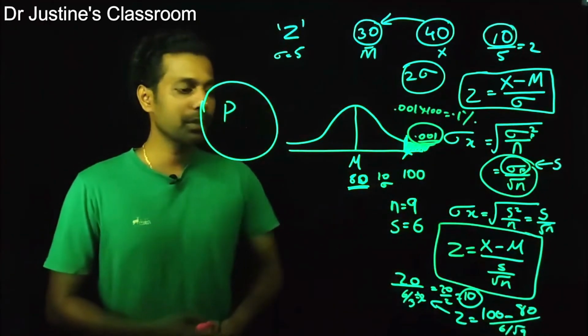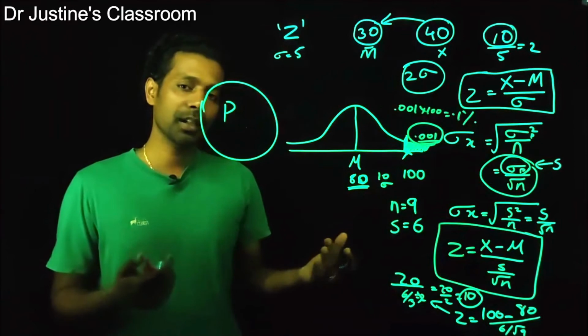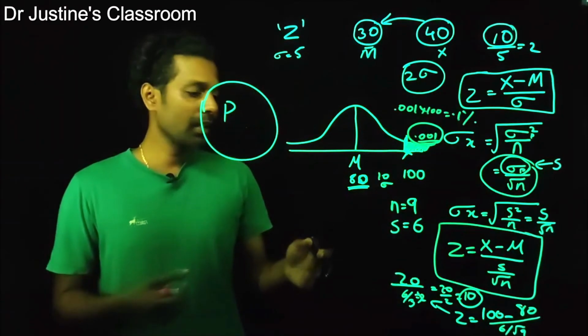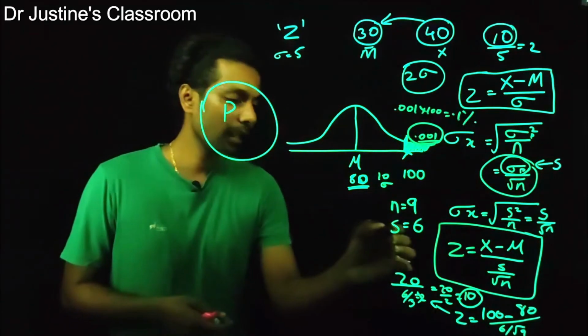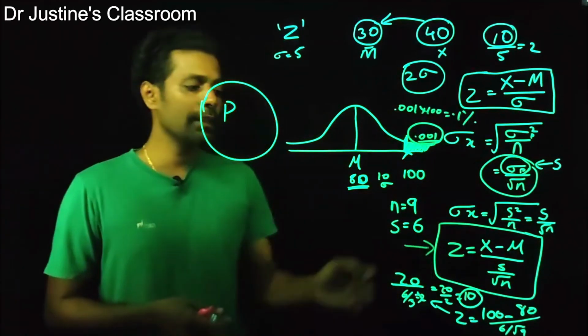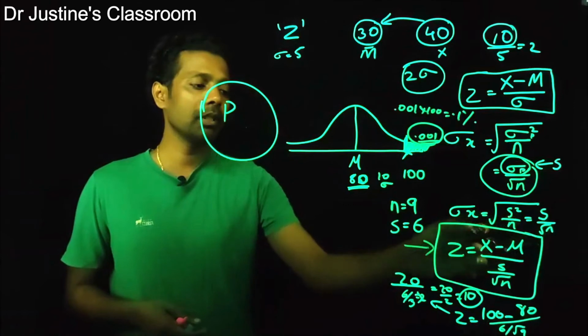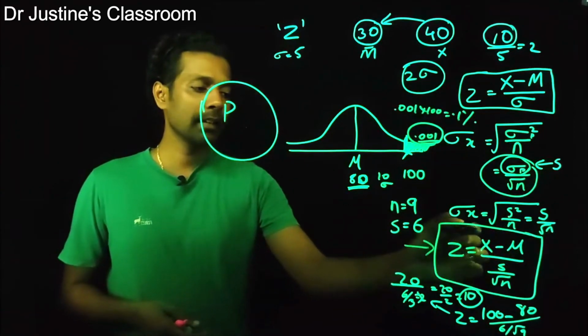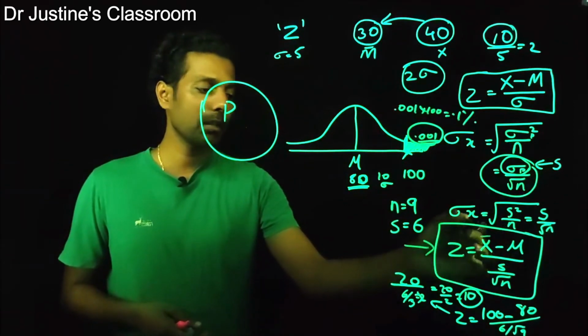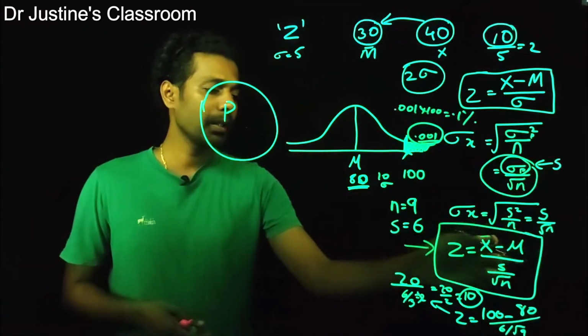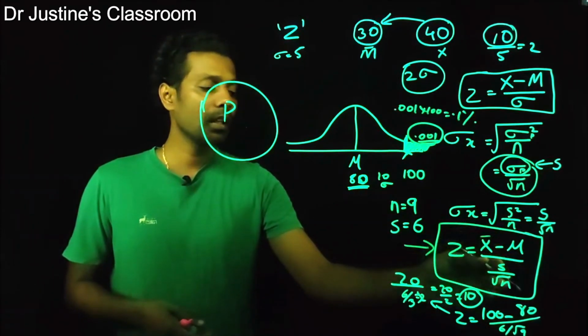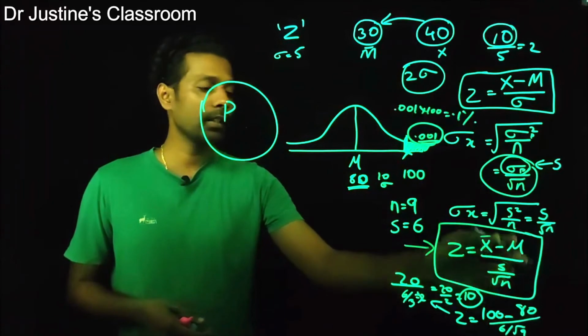So that's the concept of the z test, and the z test and t test are the same. So what's the difference between them? Now look at this equation: z value equal to the x value minus the mean value divided by the standard deviation of the sample and the number in the sample, in this context.